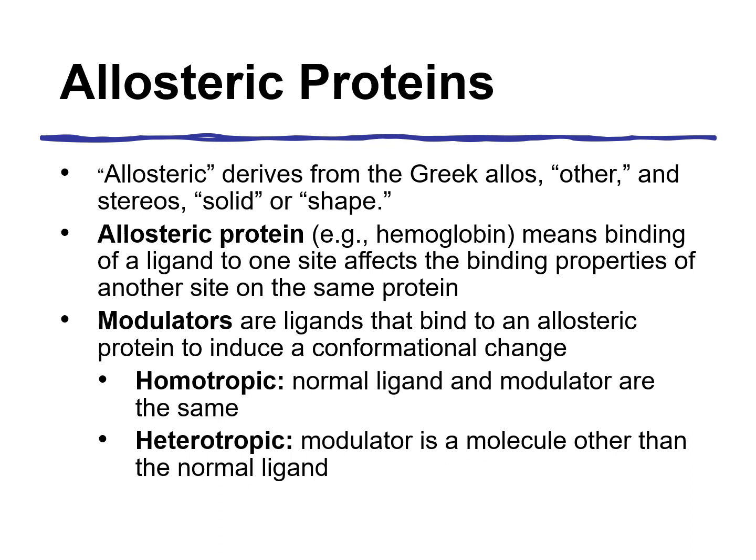So we have a new term here, modulator, a ligand that can be homotropic or heterotropic. O2 is an example of a homotropic modulator because the normal ligand and the thing provoking the conformational change are one and the same, whereas a heterotropic modulator is a molecule that is different from the normal ligand. We're going to see an example of that a bit later on in the form of BPG. Stay tuned.